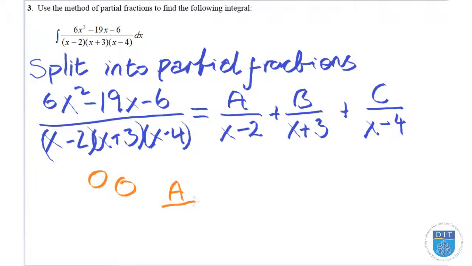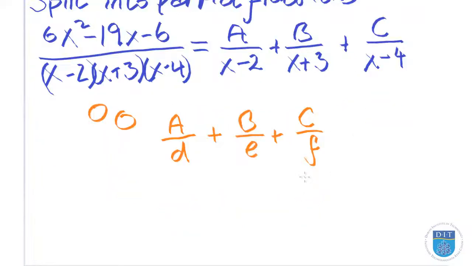If I have A over D plus B over E plus C over F, the three bottoms D, E, and F, how do you add those individual fractions up in one go?